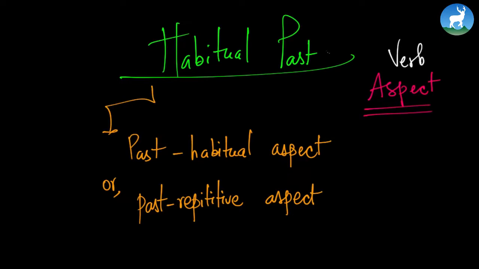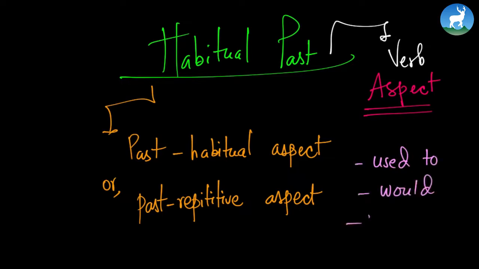The habitual past is indicated most frequently by the semi-auxiliary verb used to, the auxiliary would, or the simple past of a verb. All right, you know this already. We have already studied this. So we use used to, would, and past simple whenever we are talking about the habitual past.